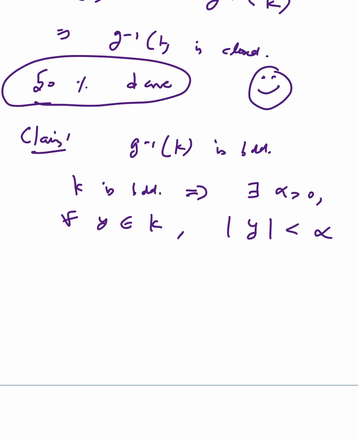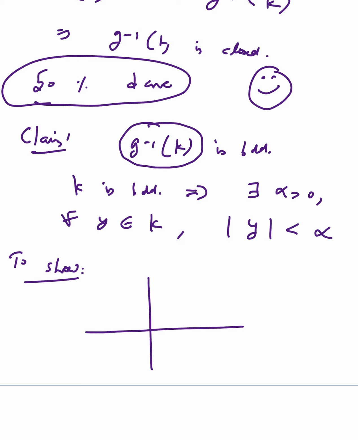Now, to show that g inverse K is bounded, so g inverse K is a set in R2, that is the plane. Let's say this is my g inverse K. To show that it is bounded, what I have to do is to show that there exists a ball which contains all of it.